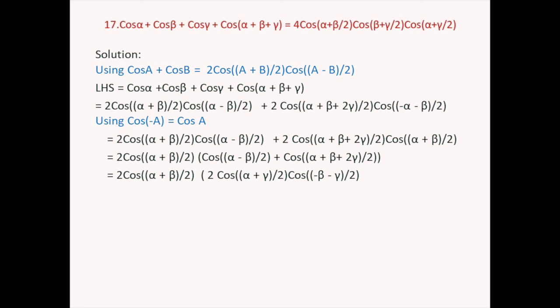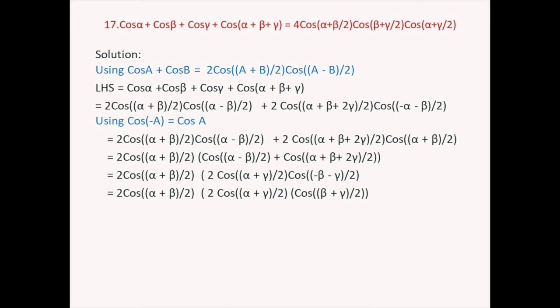Now this also, when I again use the identity of cos a plus cos b, I get 2 cos of (alpha plus beta) by 2 times 2 cos of (alpha plus gamma) by 2 and cos of (minus beta minus gamma) by 2.